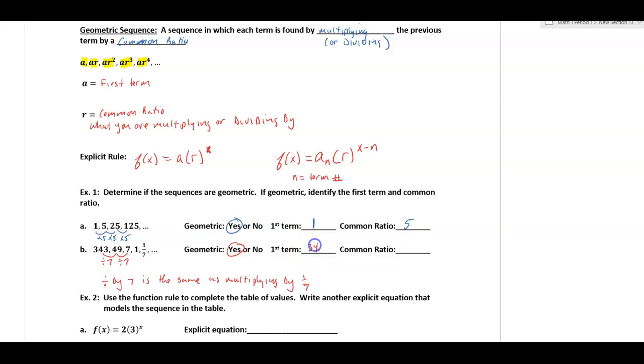So the first term here is 343, but we're going to say that we're multiplying by 1/7 each time. So the common ratio is 1/7.